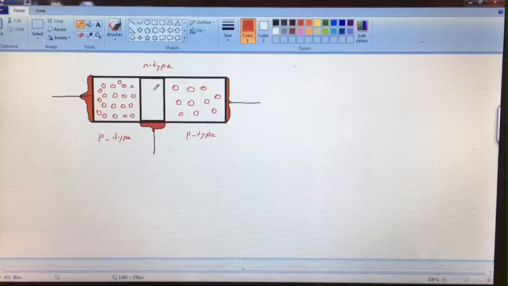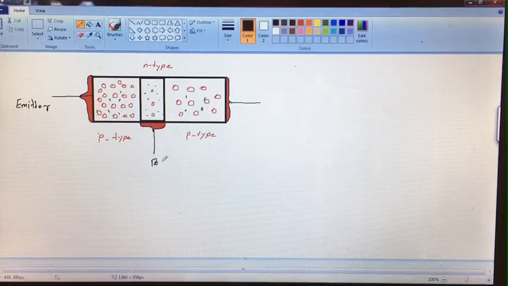Now, few holes inside p-type semiconductor material. Now, electron as a minority charge carrier present inside p-type semiconductor material, so that's why it is represented by black dots, and n-type semiconductor material. This is known as emitter.